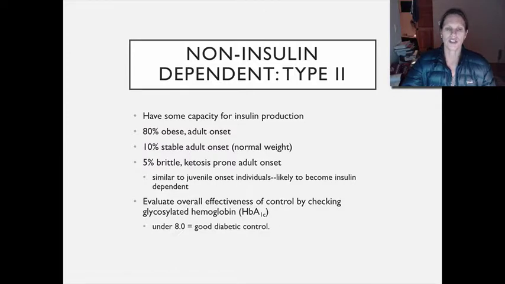So there's different ways to measure this. One is fasting glucose. The other is fasting insulin. The best way to figure out how well they're controlled, although there are some caveats there, is a test called hemoglobin A1C, which is testing the glycosylated hemoglobin.